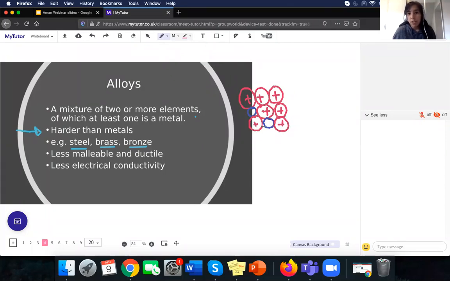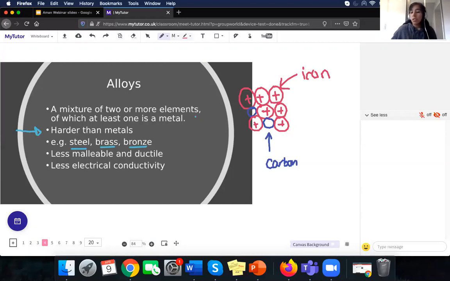Okay, so let's just say that is our steel. As I said, you don't need to know what makes up steel, but what we do need to know is that it always has one metal in it. Steel, though, I will tell you, is made of iron and carbon. So these blue particles here, let's imagine they're carbon, and these pink ions are iron.